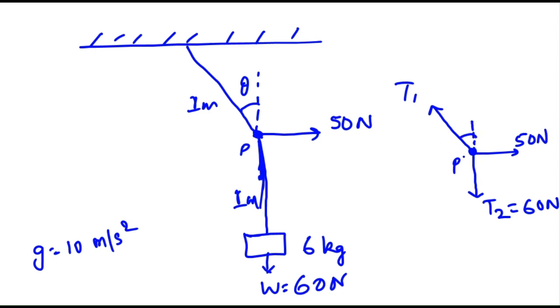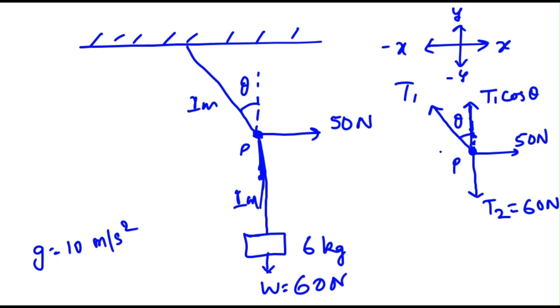Taking P to be the origin, we take x, y, and here minus y and minus x. One component of T1 will be along positive y, that is T1 cos theta, and the second component will be along negative x, and this is T1 sin theta.